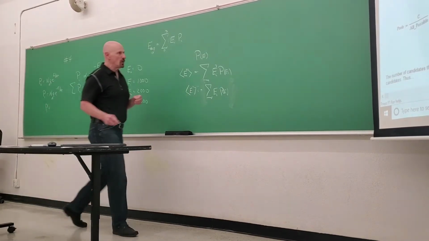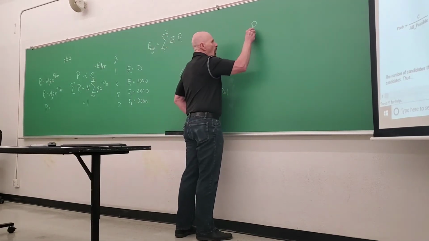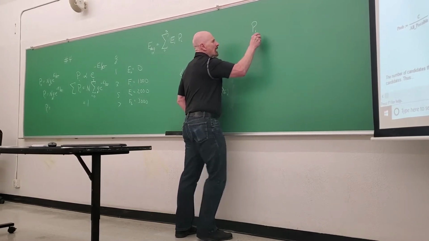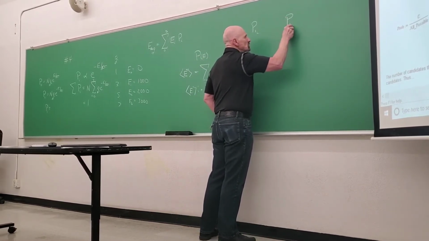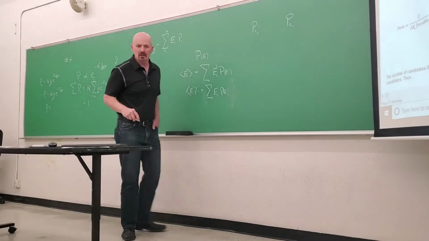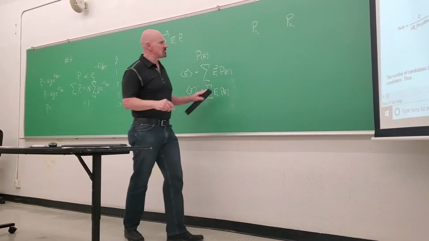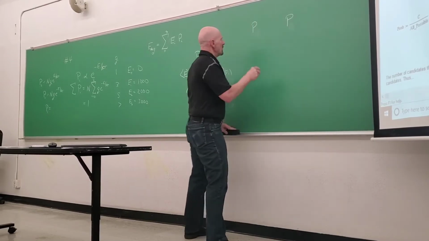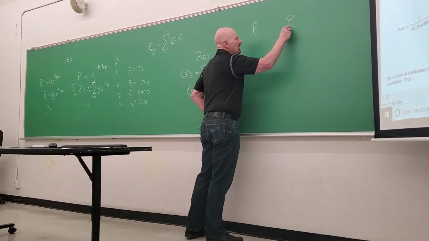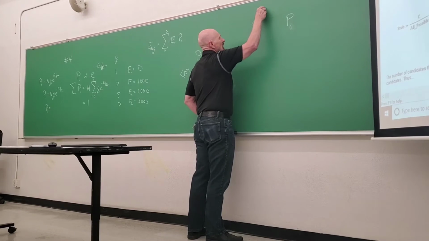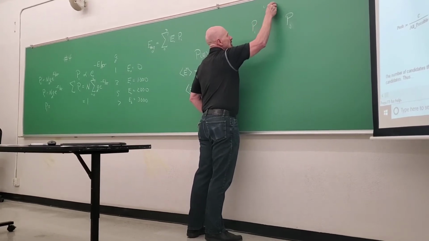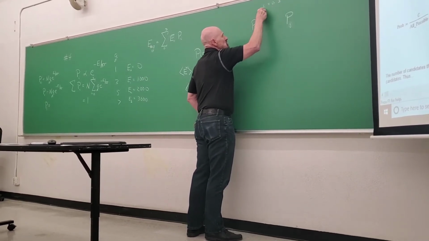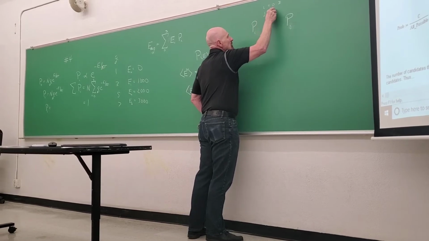Well, now you're going to have a P1 of I and a P2 of I. And there's actually a better way to do this, I'll explain why in a moment. Let's do an I and a J. So you'll have I defined as 0 to 3, and then a J defined as 0 to 3.